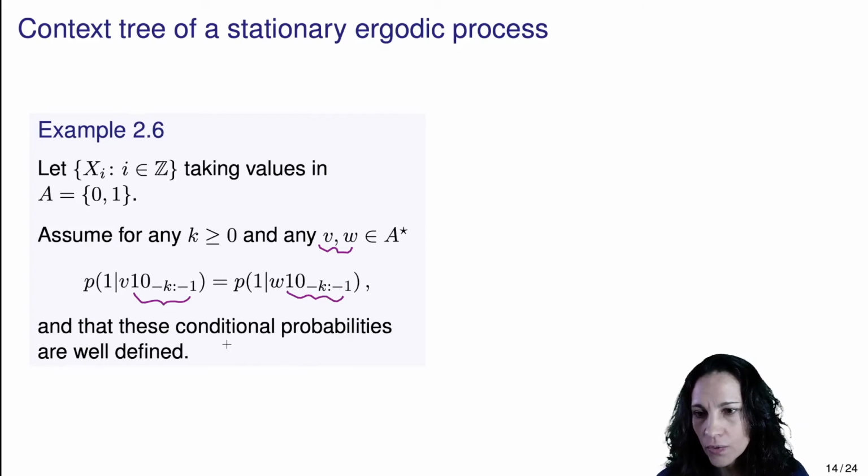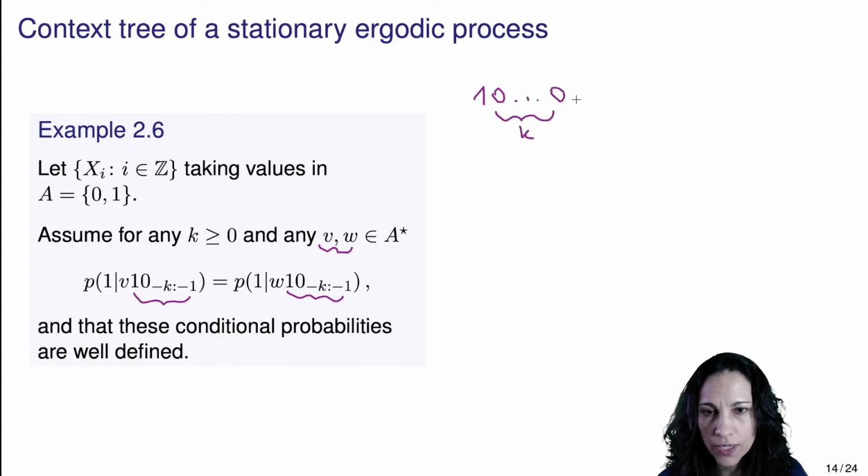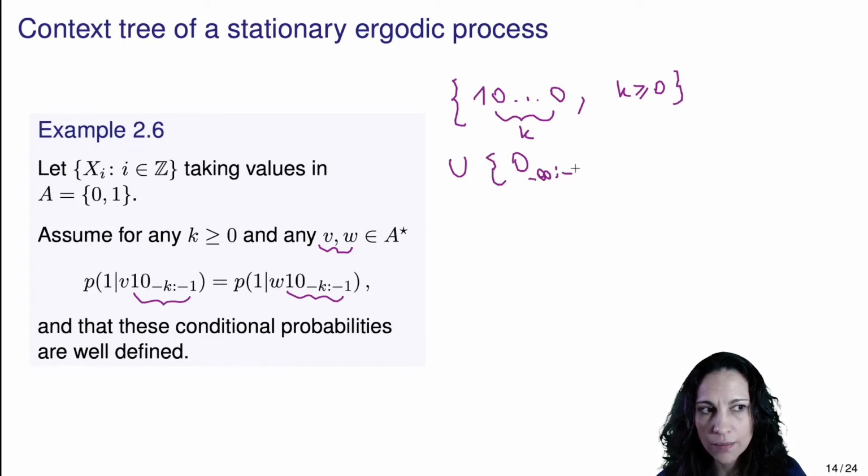So here we see that the contexts of this process are the sequences of the form 1 concatenated with a finite sequence of zeros, for every k greater or equal to 0. And we also have another context, which is the semi-infinite sequence with all zeros between minus infinity and minus 1. So these are the contexts of the process.